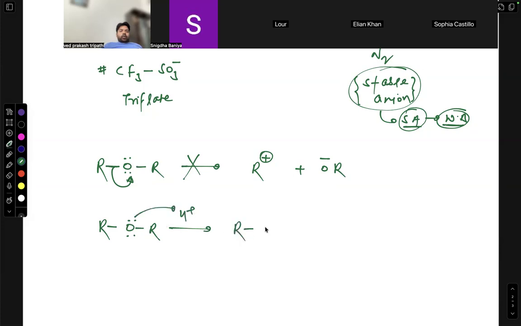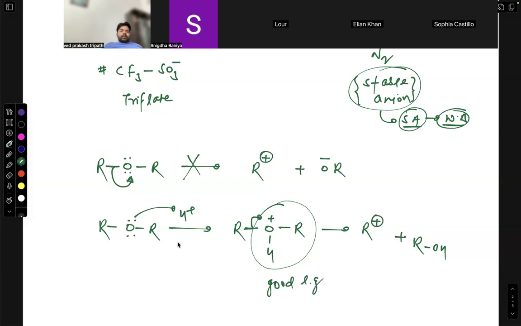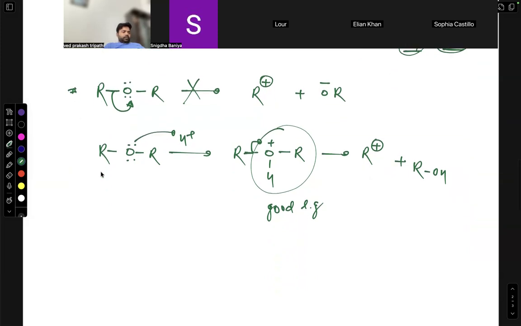So now the alcohol is protonated. Now we can break this bond and it would be R plus plus ROH. So this is now a good leaving group. Make sense? So it will help you in a chemical reaction like in the chapter ether. Any doubt about this ether one?